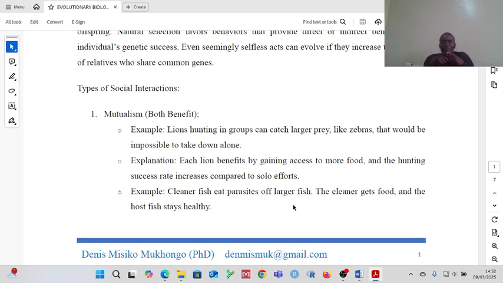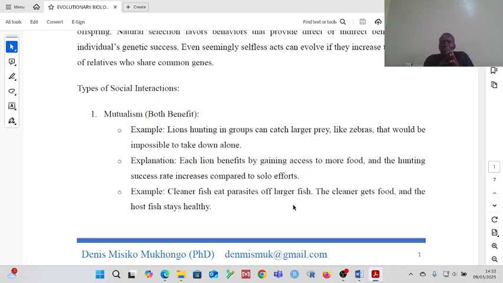That's a relationship where the cleaner fish is eating parasites from a larger fish. The cleaner fish is getting food, while the larger fish is benefiting by staying healthy because the parasites have been removed from its body. So in mutualism, both the organisms involved are benefiting.